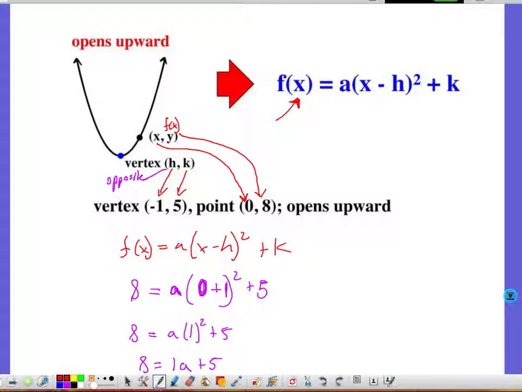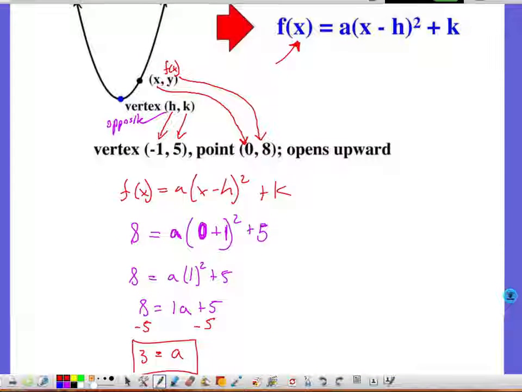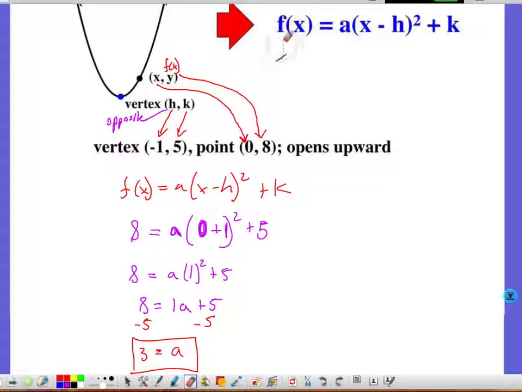So finally, since we found a, we can write the final vertex form of the quadratic function. What we need to do is just plug in a, h, and k. So my final answer is going to be f of x is equal to 3, which is what we just solved, times (x, h, again, we always do the opposite for h.